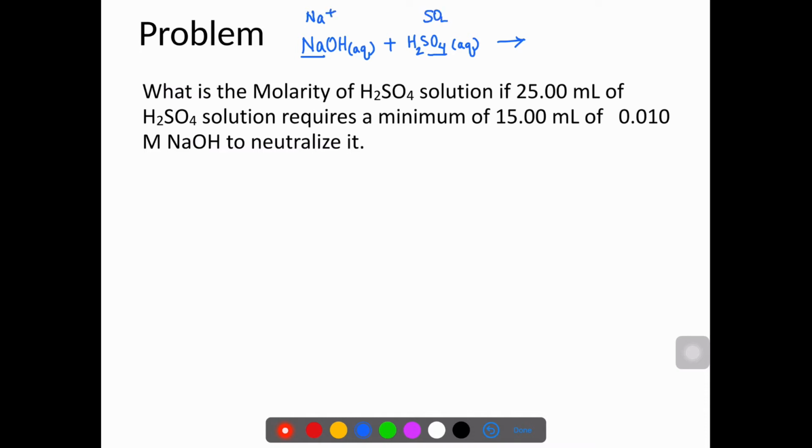Sulfate is SO4 2 negative. So if you do crisscross, you get 2 sodiums for every 1 sulfate. So sodium sulfate's formula is Na2SO4. And this is your salt. In chemistry, any ionic compound can be called a salt. Plus, remember that a product in neutralization will be water. So the hydroxide from the base and the protons from the acid react together to make your water.